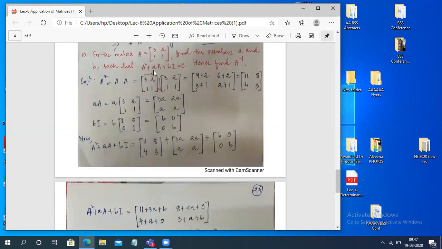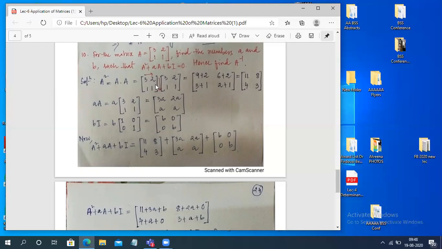Okay, first this relation is given, so first find A square. A square is A into A, so [[3, 2], [1, 1]] times [[3, 2], [1, 1]]. Multiply these two matrices in the form of rows and columns. First row, first element: 3 into 3 plus 2 into 1, that is 3 plus 2. First row with second column: 3 into 2 plus 2 into 1, that is 6 plus 2, which forms the second element of the first row.